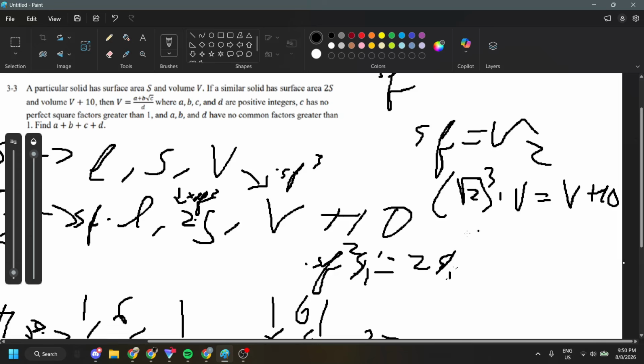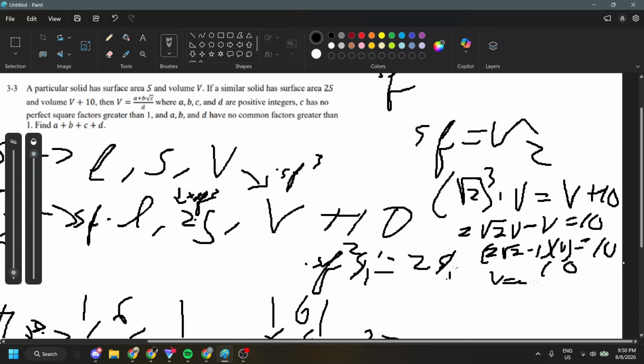So this is going to be 2 root 2 V minus V is equal to 10. So 2 root 2 minus 1 times V is equal to 10. V is equal to 10 over 2 root 2 minus 1.